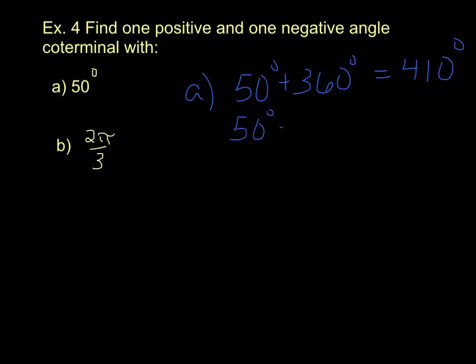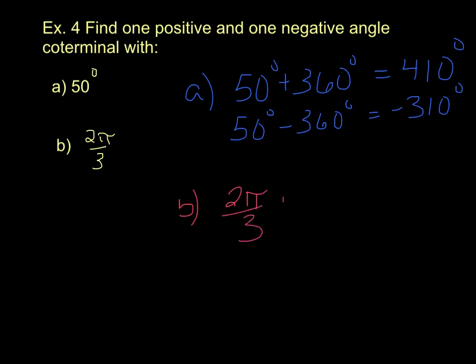Likewise, I could take 50 degrees and subtract 360 and get negative 310 degrees as a negative coterminal angle. And I could add and subtract as many of those 360s as I wanted to. Okay? Sometimes you'll have an angle that subtracting 360 one time won't get you a negative because the angle was already more than 360. So you might have to subtract it twice or 3 times in order to get that negative value.